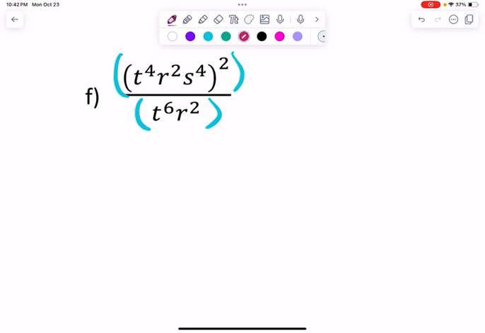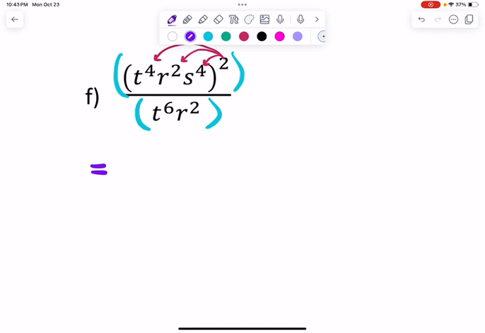I can go ahead and distribute that exponent to every single term within my brackets at that top. It doesn't get applied to the denominator because that exponent of 2 only applies to what's immediately next to it, which is that set of black brackets. And those black brackets are only around the numerator. So that's why I'm only applying that exponent to the numerator.